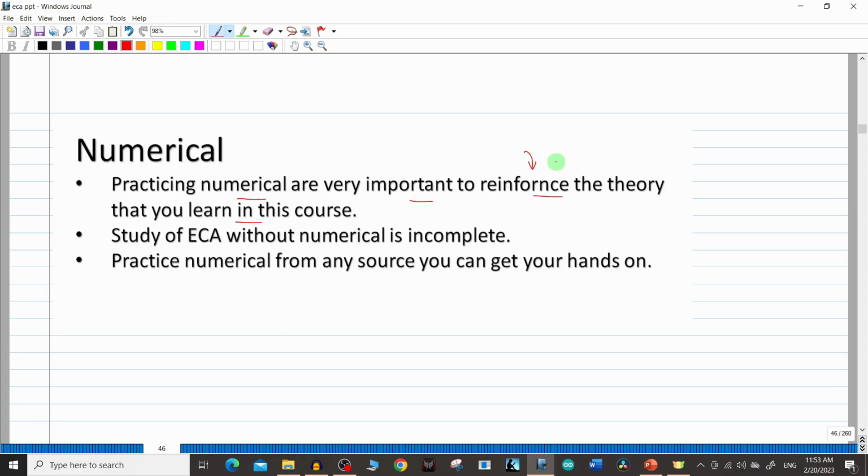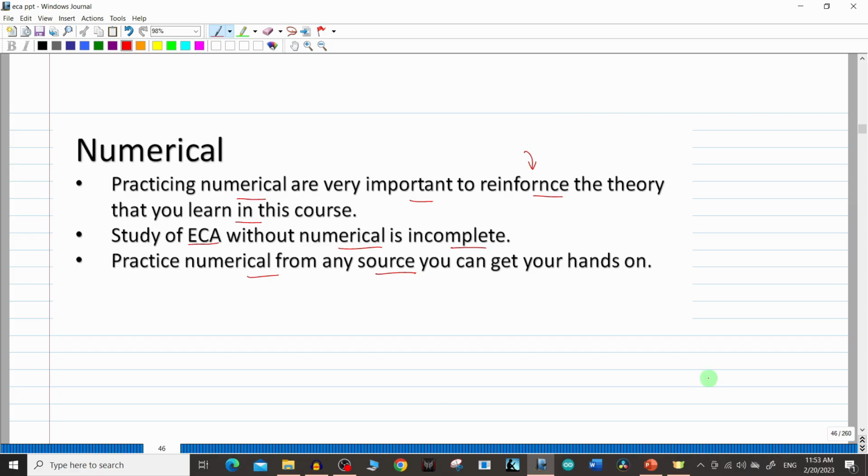So practicing numericals is very important, and the study of engineering circuit analysis without numericals is incomplete. We will be doing a lot of numericals in this course, but you should also practice numericals from any other source that you can get your hands on, because the more numericals you practice, the better idea you will have about the subject.